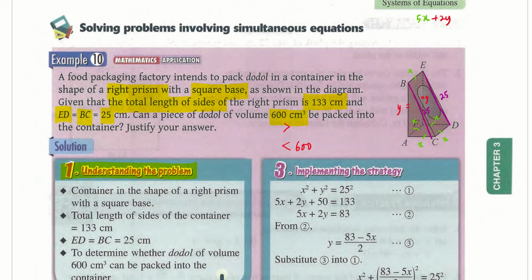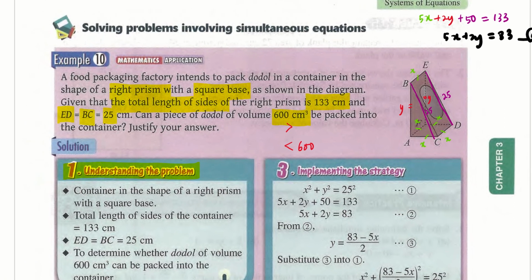So 25 plus 25 equals 50, which together with the rest equals 133. The total length of the side of the right prism is 133. So simplifying the numbers, we get 5x plus 2y equals 83. So this is our first equation.